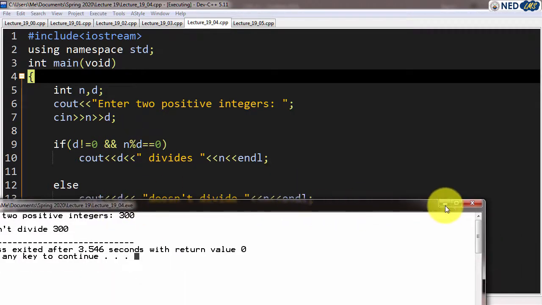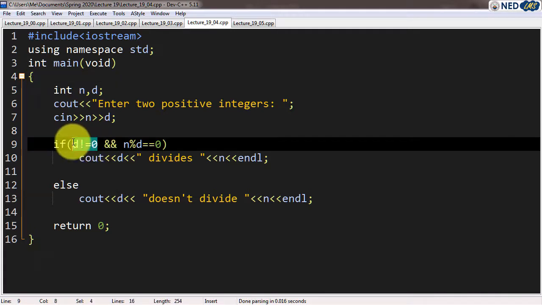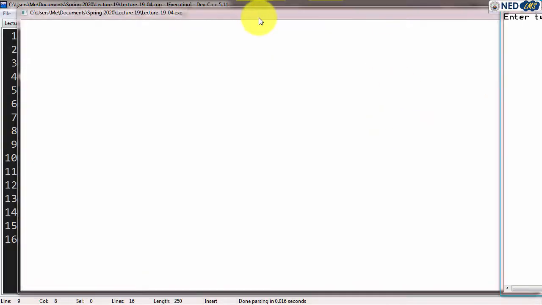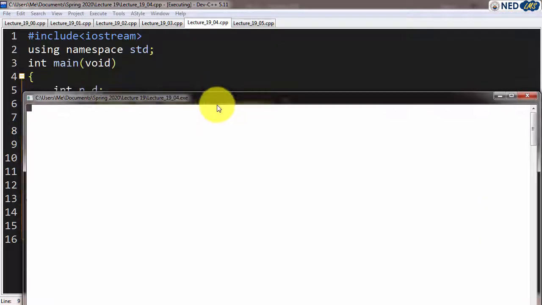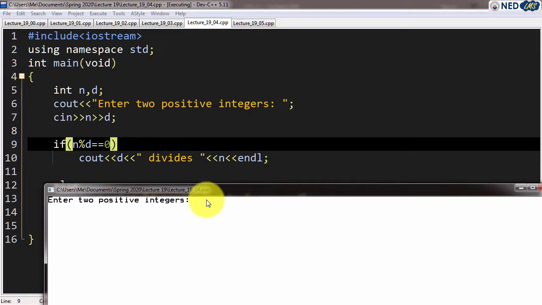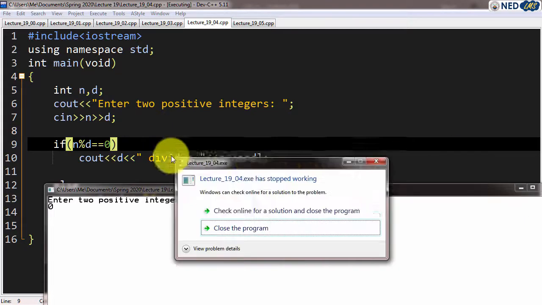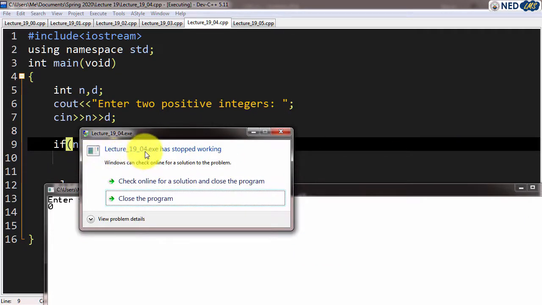So let's say I remove this check and I say if n percentage d, divides 0, and just run this code again. Let's run this code. Enter two positive numbers. I'm going to press 300 and 0, and the program says lecture 19.4.exe has stopped working, and it crashed the program.